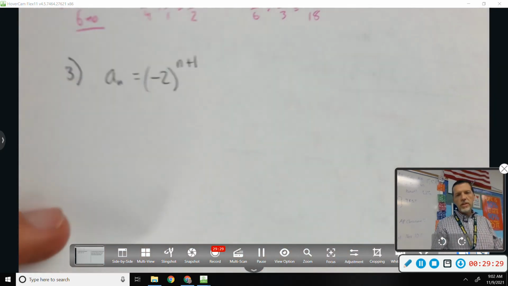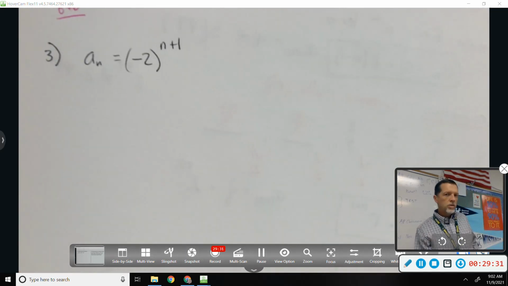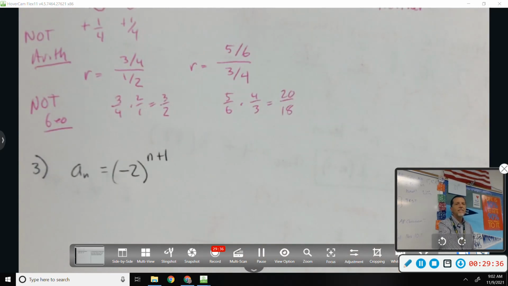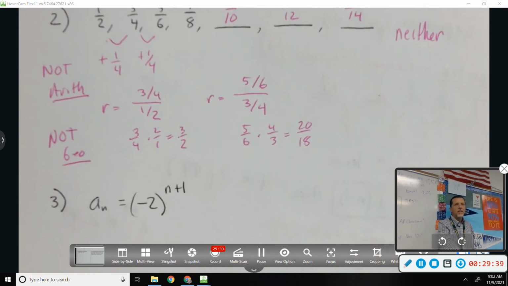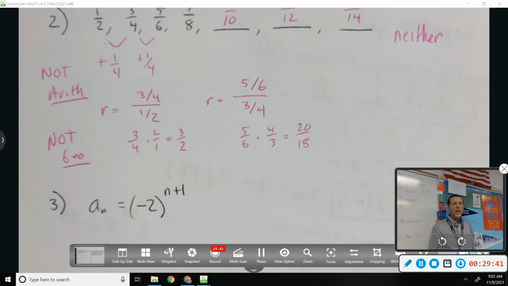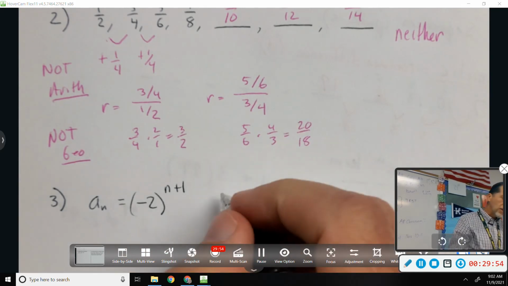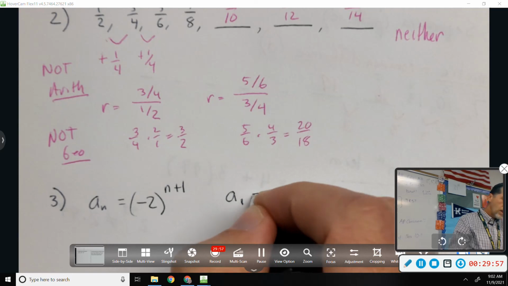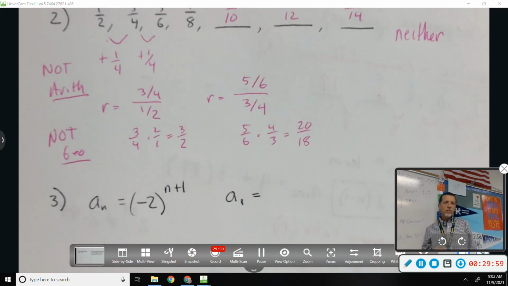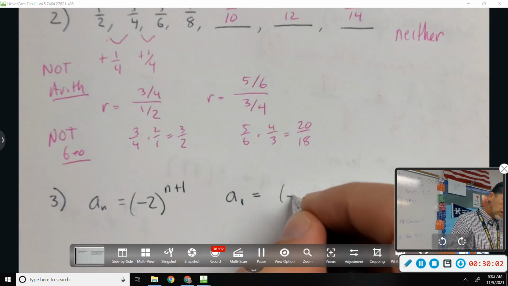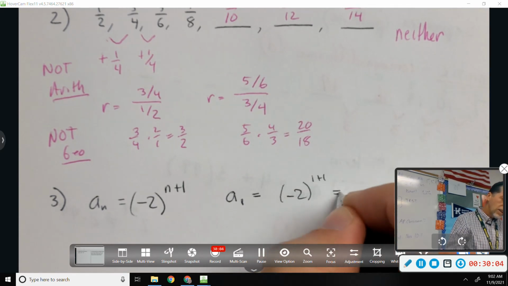Two more examples. a sub n equals (-2) to the n plus 1. No, that's geometric. Some people, and hopefully you'll all get there, can recognize what type it is first. But let's find the first 3 terms, because then I think it'll be obvious which type it is. So for the first term, n is 1. So (-2) to the 1 plus 1 is 0.